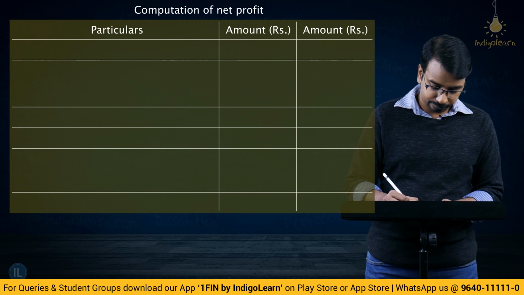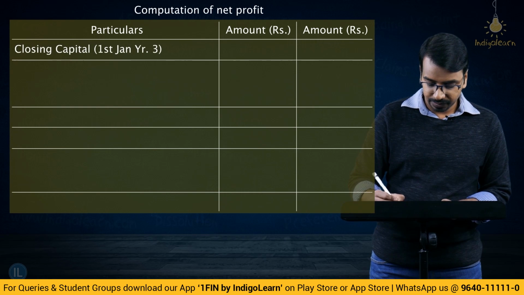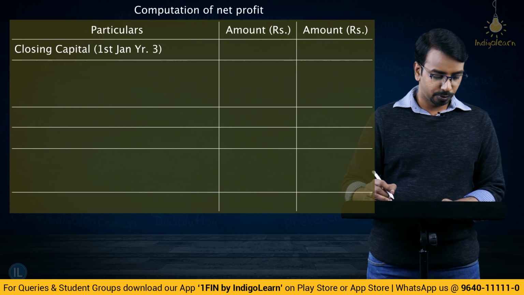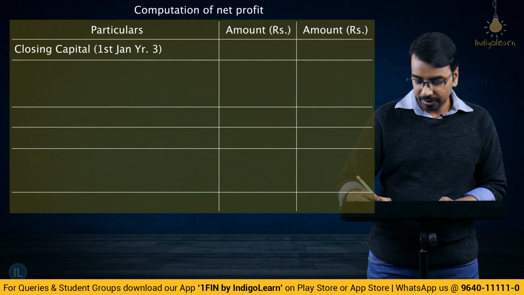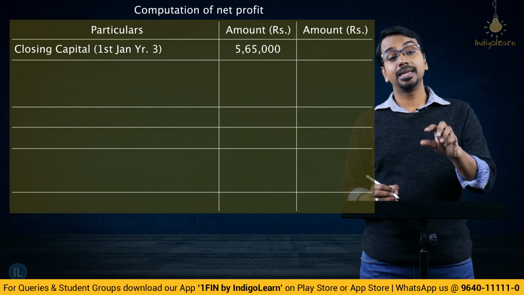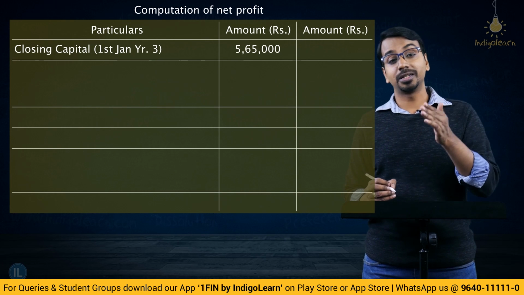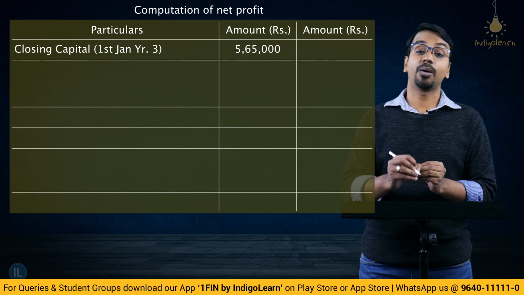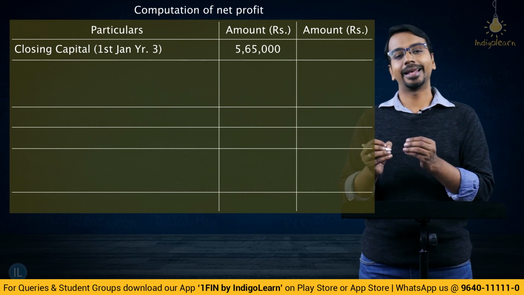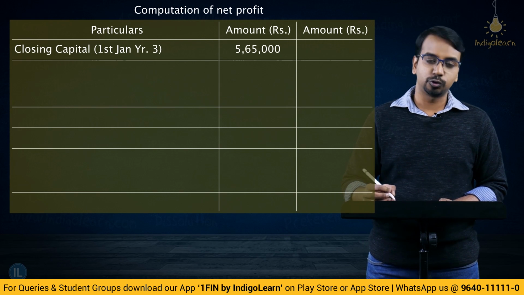So you have closing capital, which we computed as 5,65,000. Now this closing capital is arrived at after deducting the drawings, right. So you have to adjust back the drawings so that you can compare it with opening capital and arrive at the profit. This is as on 1st of January of year 3.